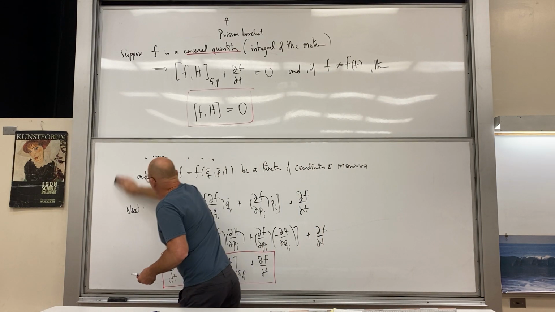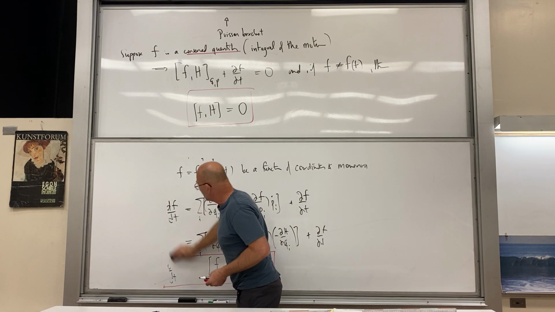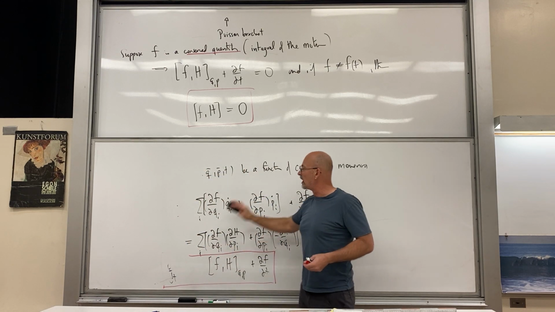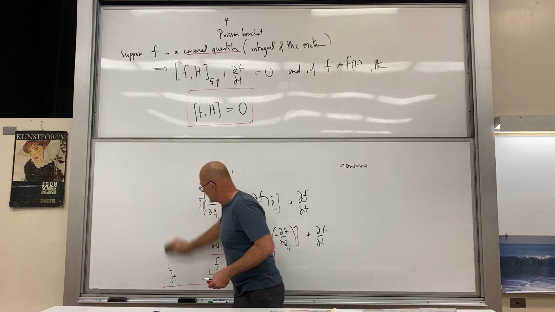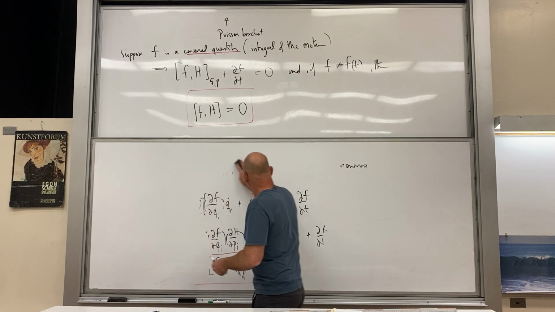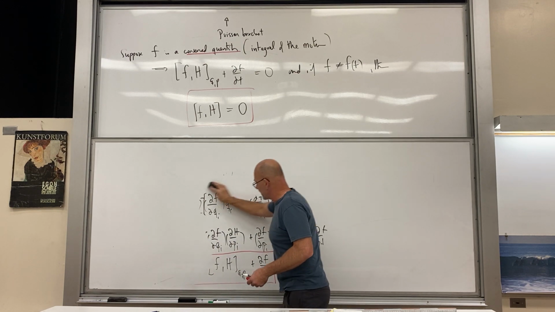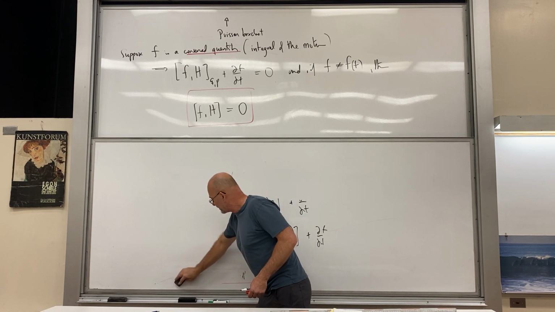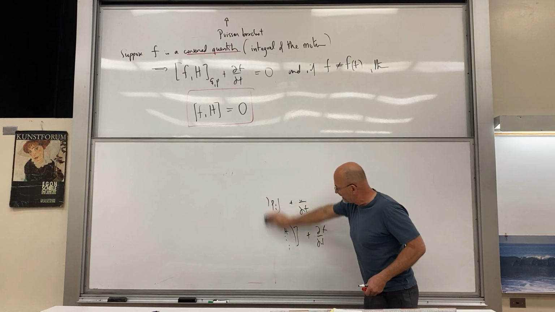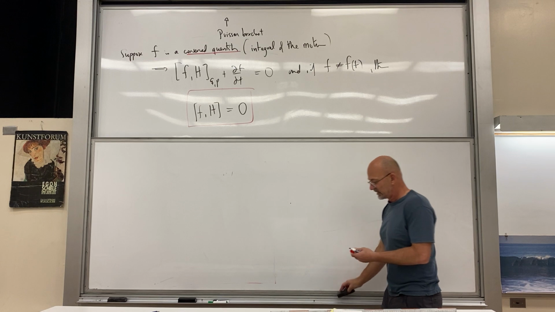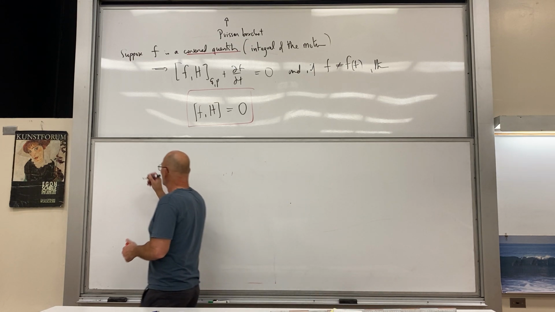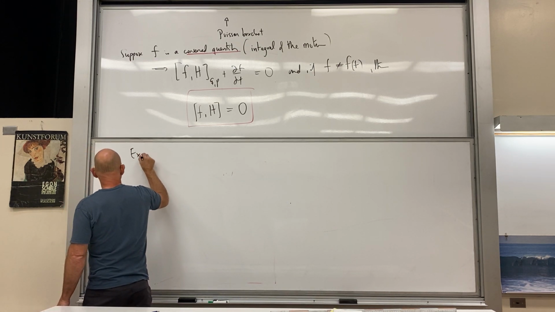So let's look at the Hamiltonian for the central force problem. There we know about the conserved quantity, and we'll see explicitly how that works. So our example: central force.